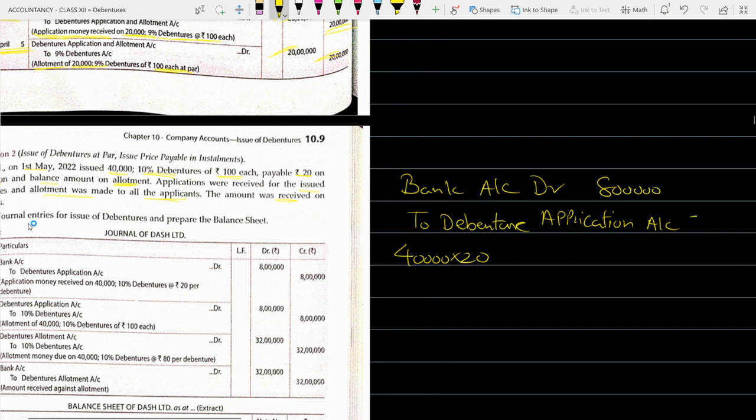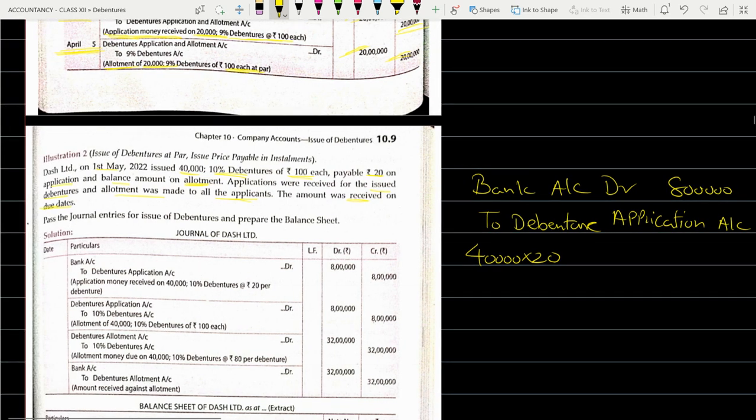So this is how you are first deriving the application money on 40,000 debentures. Moving on to the second entry, like how the amount on application gets transferred to share capital in case of shares, here it has to be transferred to debentures. So the percentage debenture here is 10 percent.